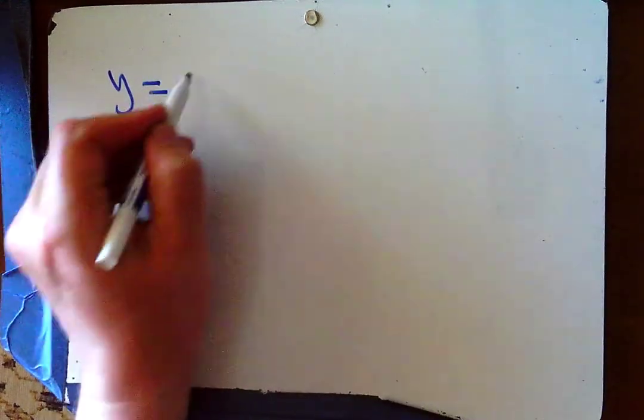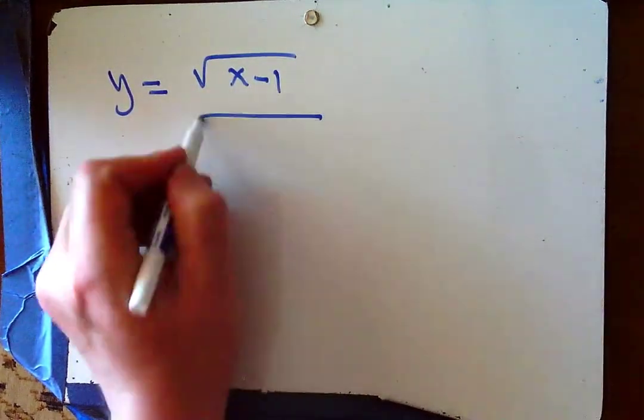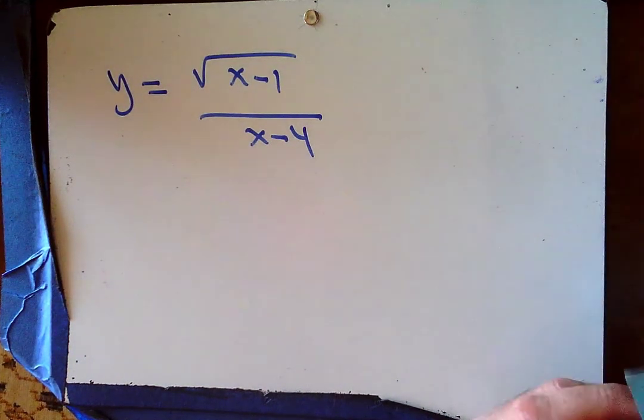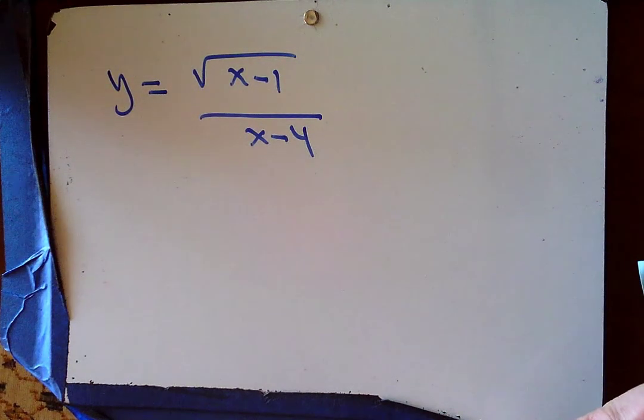Okay, our last one. y equals the square root of x minus 1 over x minus 4. All right, give that domain a try, and we'll move on from there.